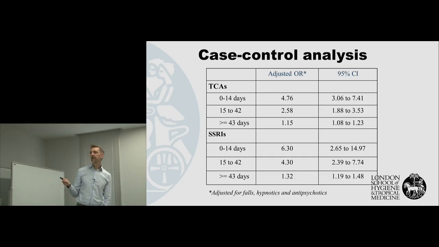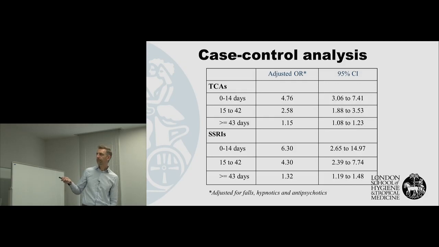In their adjusted analyses, for the tricyclics, within the first 14 days of exposure, their adjusted odds ratio was 4.76. For SSRIs, during the same period, it was 6.3.